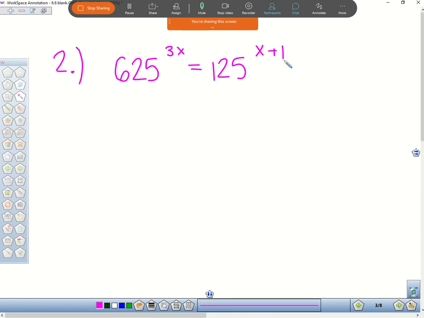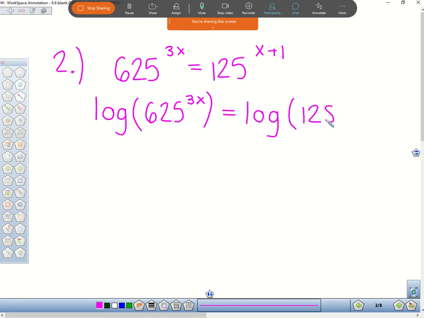Thank you. Okay, so what you can do here, if you didn't want to change the base, is you can take the log of both sides. And then what can I do with those exponents? Multiply.